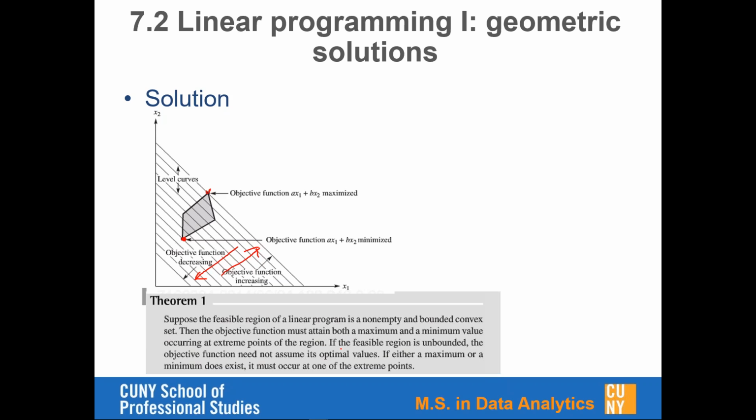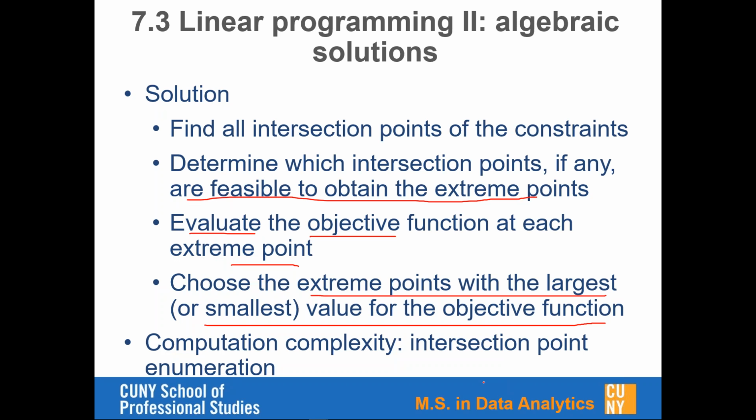In reality, it can be complex to delve into those details. The point is that if either a maximum or minimum does exist, it must occur at one of the extreme points. That's the reason we are able to leverage this approach, meaning just look at the extreme points.